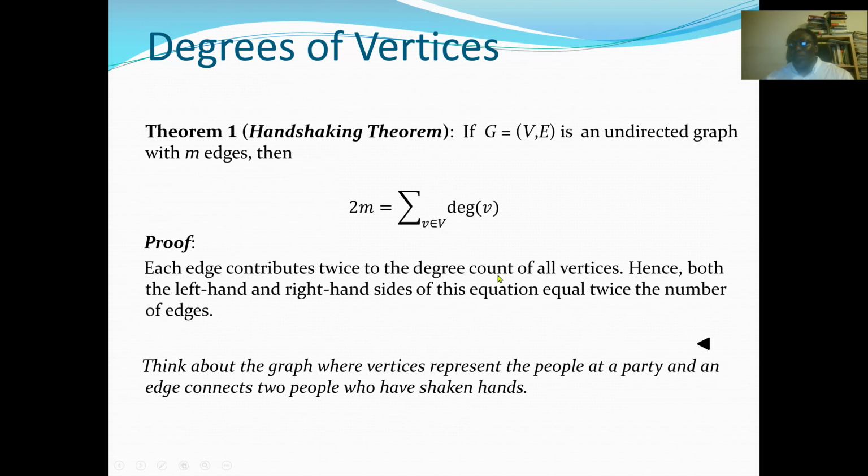We can think about a graph where the vertices represent the people at a party and an edge connects 2 people who have shaken hands. So when we connect two people with an edge, that's why we divide the sum of the degrees by 2.